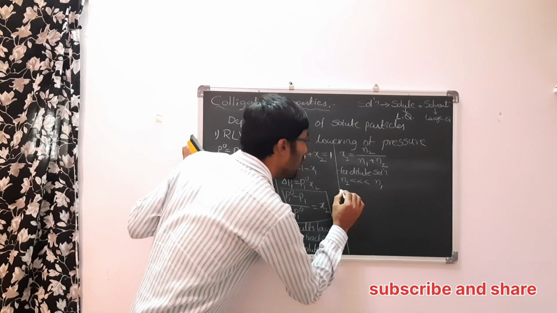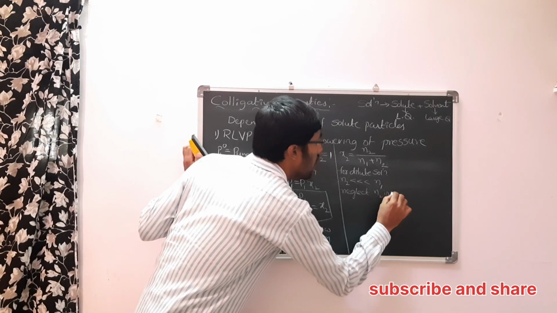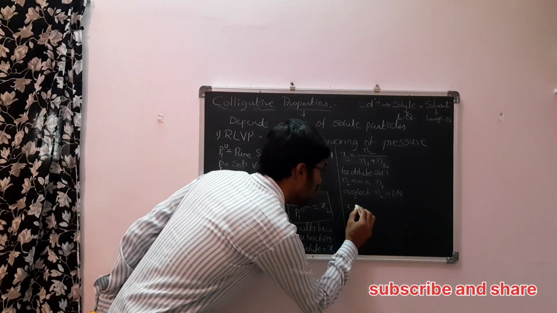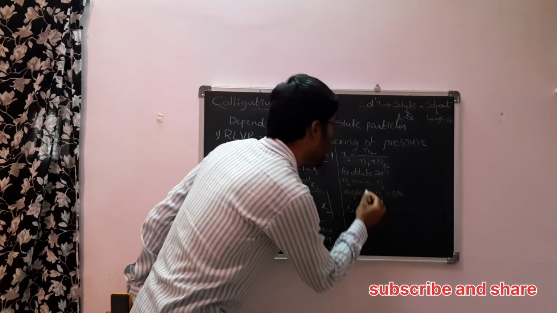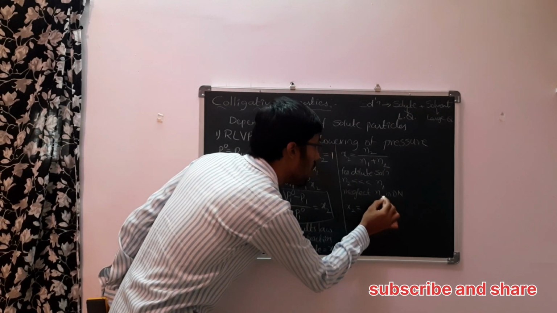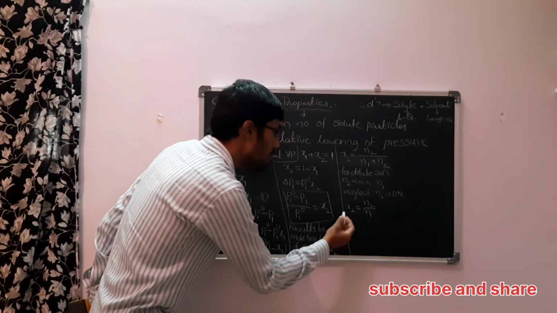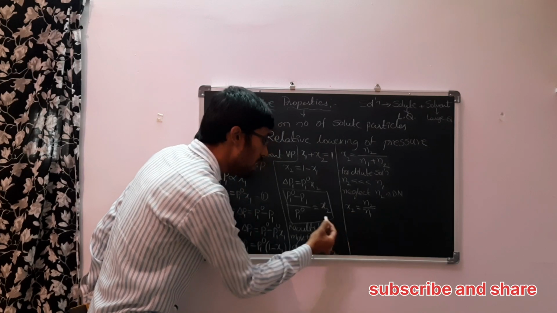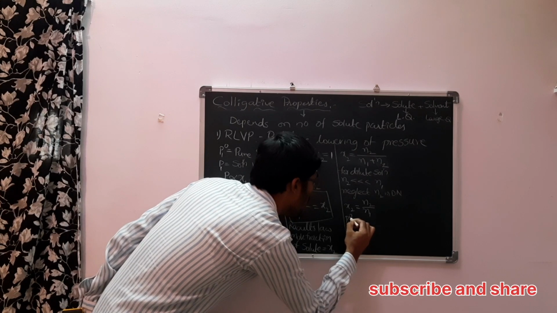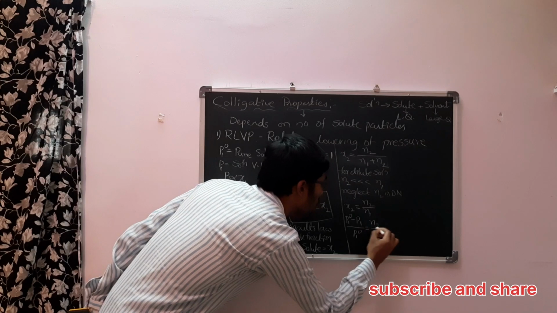So X2 equals N2 by N1 plus N2, and neglecting N2 in the denominator, it is N2 by N1. We can substitute that solute mole fraction in the Raoult's law equation: P1 naught minus P1 by P1 naught is equal to N2 by N1.